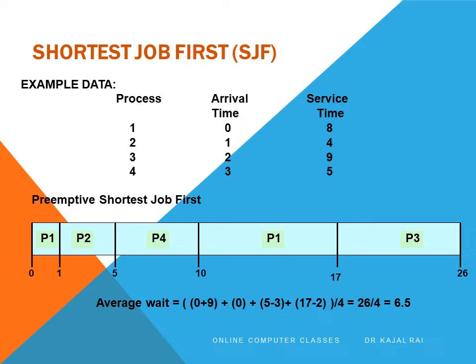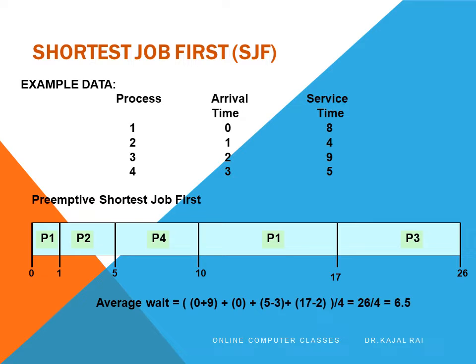Then at 5 seconds, processes P3 and P4 have arrived, and P4 will get the CPU because it has the smaller CPU burst from among P1, P3 and P4. So P4 will get the CPU and execute to completion. P1 has a smaller CPU burst left in comparison to P3, so P1 will get the CPU, and after completion of P1, P3 will get the CPU.